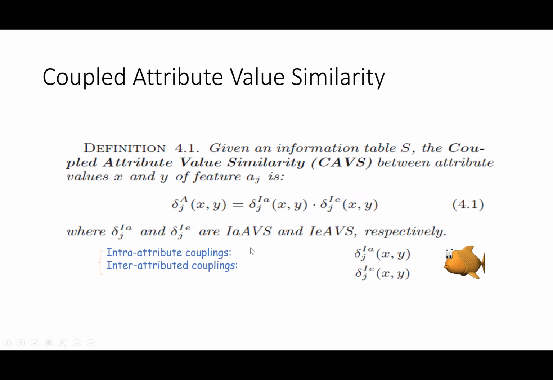And then we can learn, given attribute J and the values x and y, the similarity between the values x and y within the j attribute, or between the j attribute and other attributes, right? And then we combine them together.